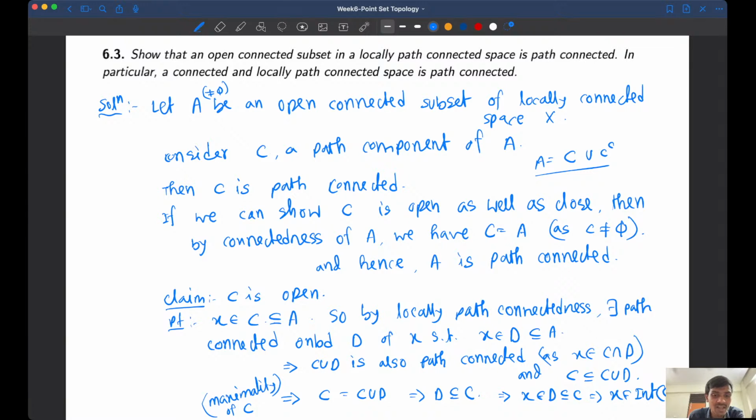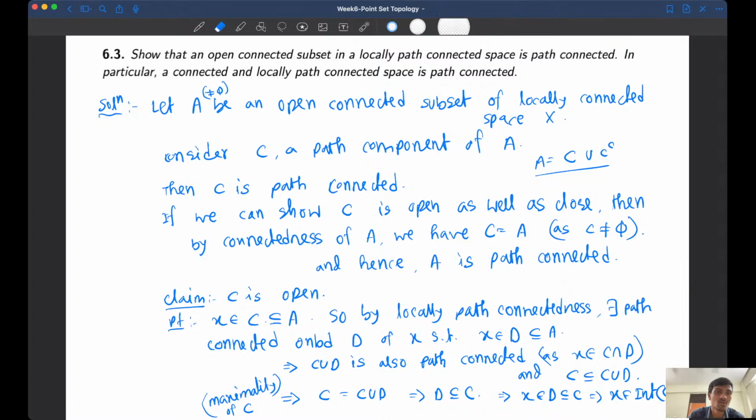The maximality will guarantee that C union D lies inside C. In particular, D lies inside C, so easily we get the neighborhood around x which lies inside C. So the maximality is crucially used here. For that thing I can't immediately get anything, so that's why I just replaced that by path component. But it's fine, no problem in using that.